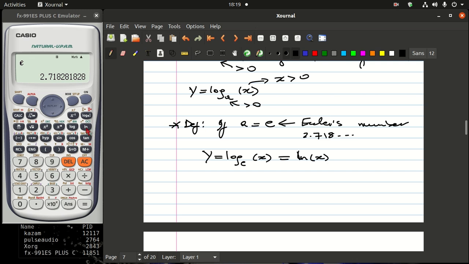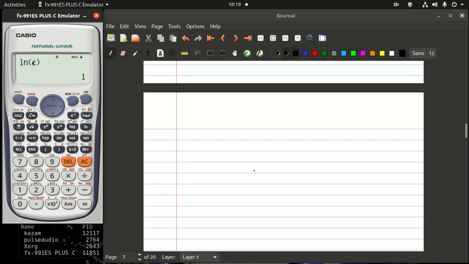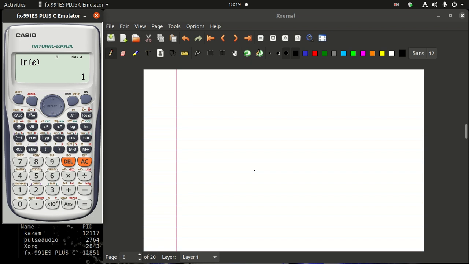Another thing you will have to notice here is that if you take ln of e, you're supposed to get a nice 1. So ln of e is equal to 1. That's one of the basic properties that we usually like to work with.